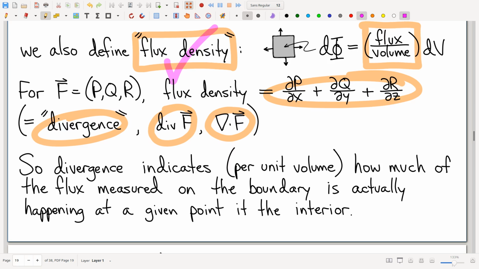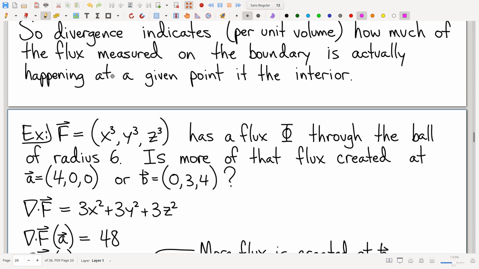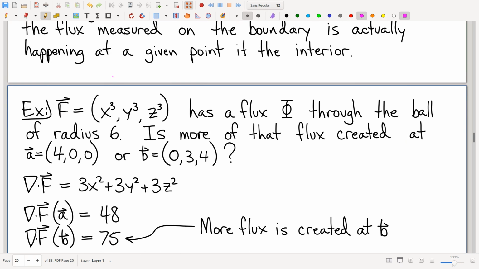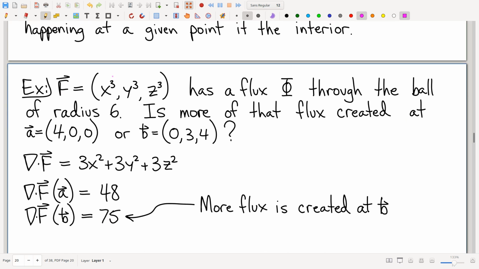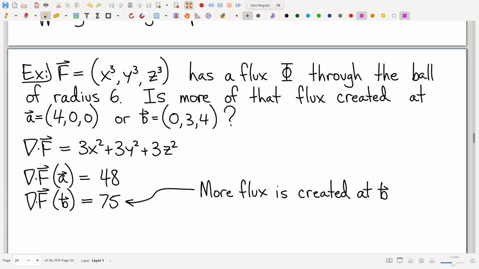Okay. All right. Alrighty. So now let's make a quick interpretation with all this in mind. Flux is a kind of stuff. The question here is about the flux that a given vector field creates through a given surface.